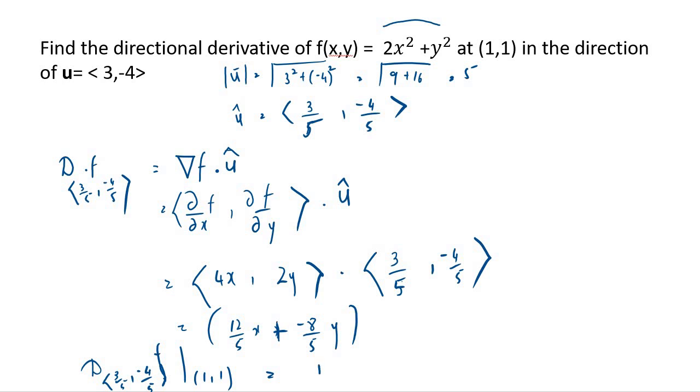Then we get 12 over 5 minus 8 over 5, so it's actually 4 over 5. That's the answer. What this gives you is the directional derivative at (1, 1) of this function, 2x squared plus y squared.